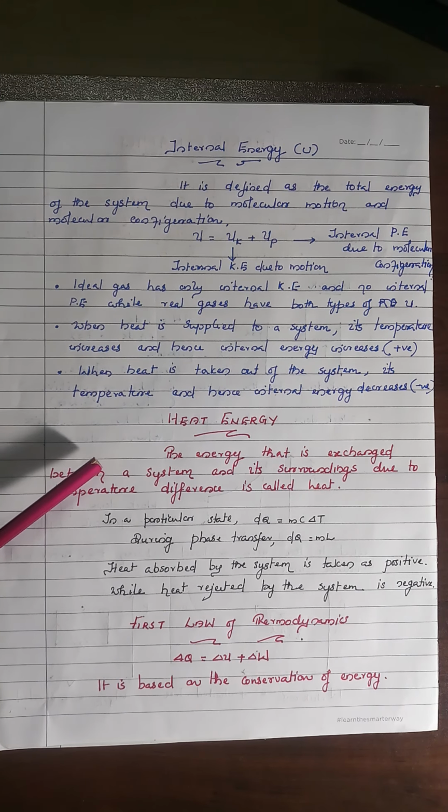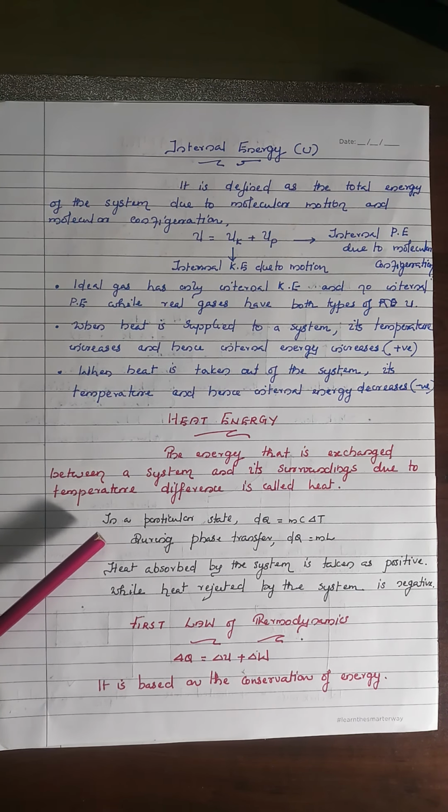The third term, a very important one, is the heat energy. The energy that is exchanged between a system and its surroundings due to temperature difference is called heat. For a temperature increment in a particular state, say from 20 degrees Celsius to 80 degrees Celsius, the amount of energy given to a water system can be expressed as mcΔT.